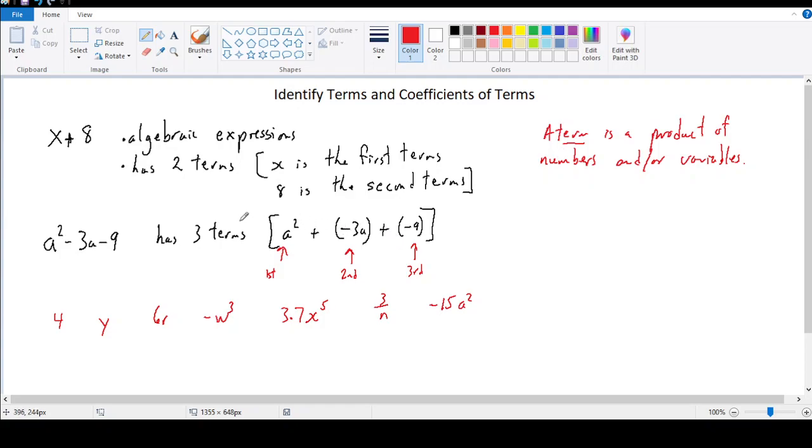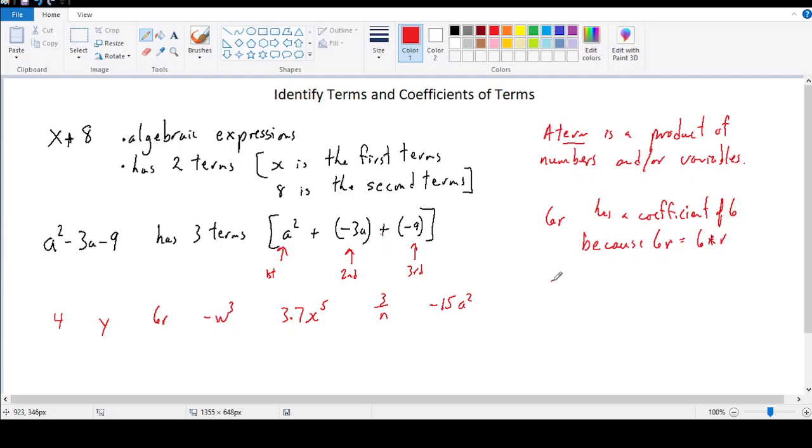Now, the numerical value, or in this case the numerical factor, of each term is called the coefficient. So negative 3 is the coefficient. The 1 here is the coefficient. For instance, 6r has a coefficient of 6 because 6r equals 6 times r.